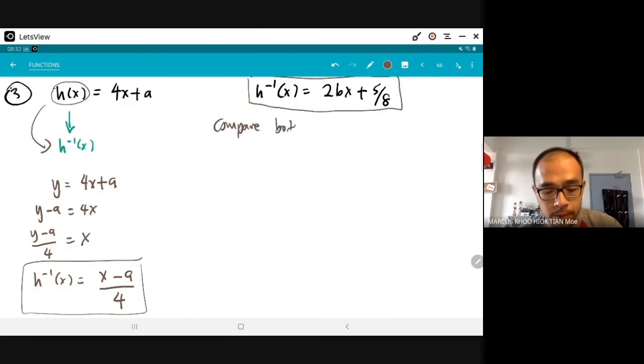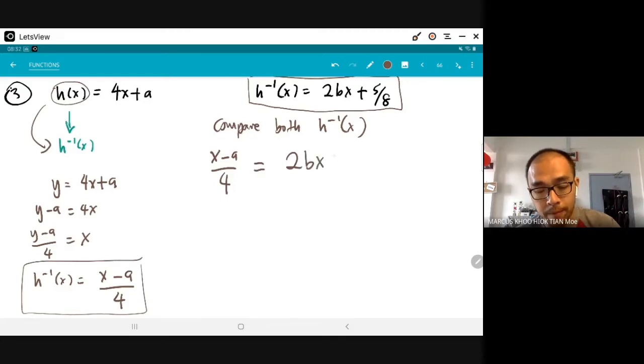Compare both the inverse functions. We will get (x minus a) over 4 equals to (2bx plus 5) over 8. But now their forms are different.